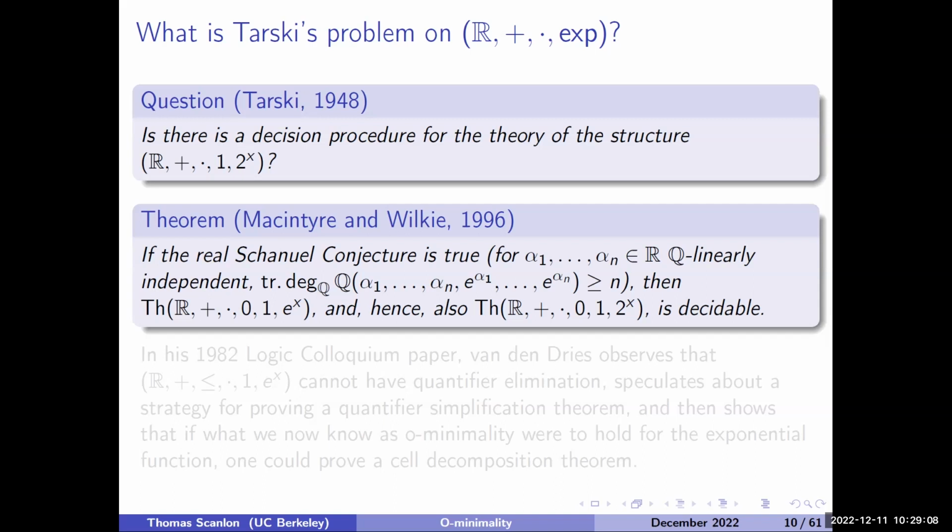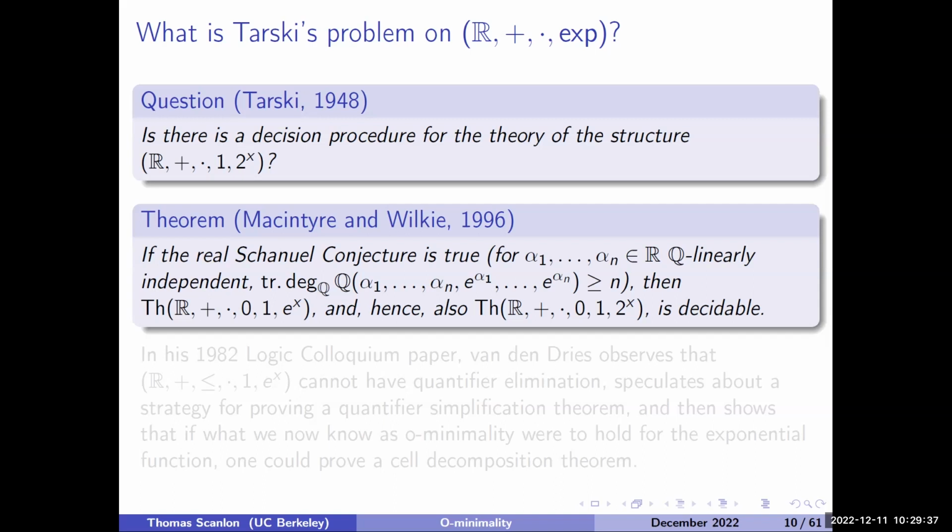You can replace it with anything which is definable in the exponential structure. Those numbers that are definable in the structure, you can replace different values for the base. But for Schanuel's conjecture, it does matter whether we take e or powers of 2.